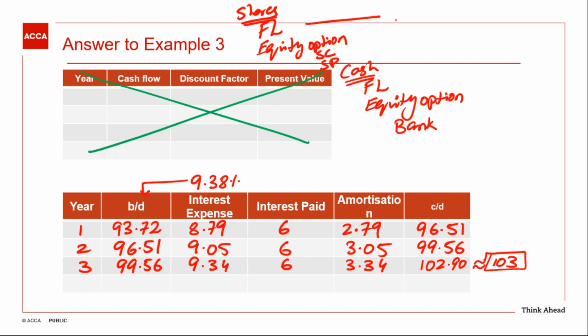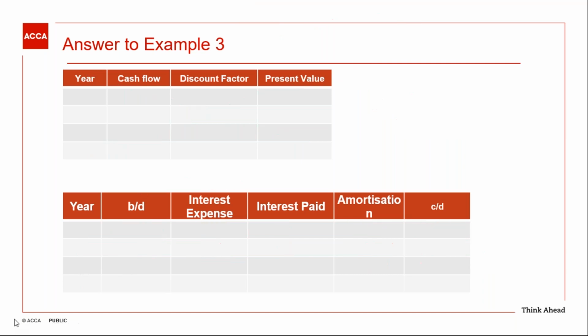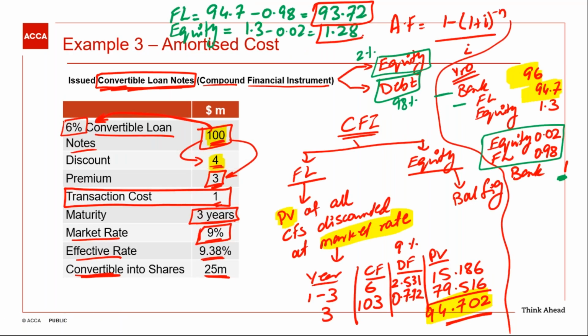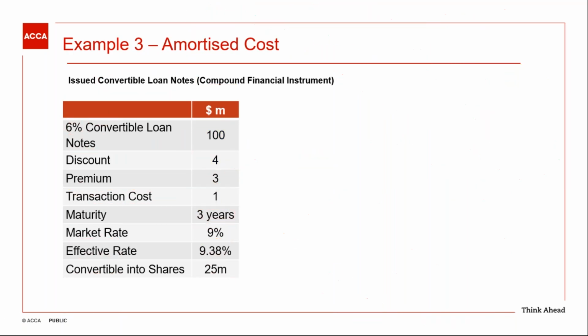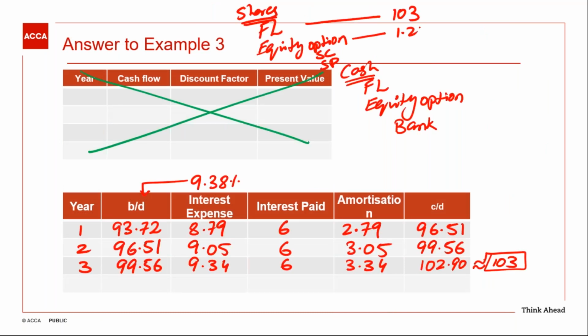So the liability is 103 at the end. The equity option was at 1.28, which we had solved earlier. And the share capital will be recorded at its par value of 25, and the balancing figure will become the premium, which is going to be 79.28 if I'm not wrong.